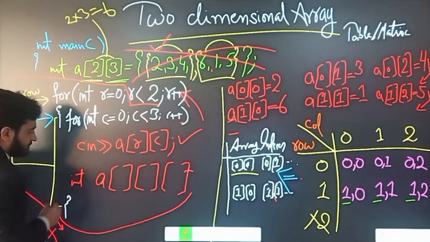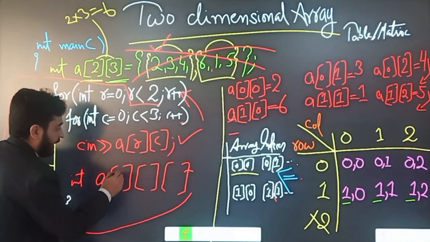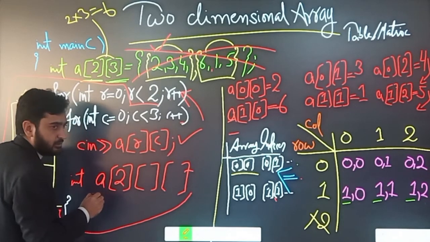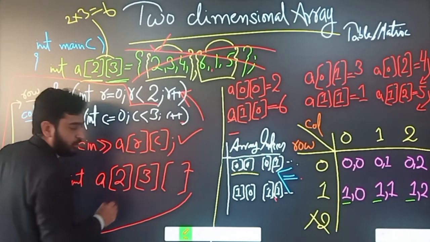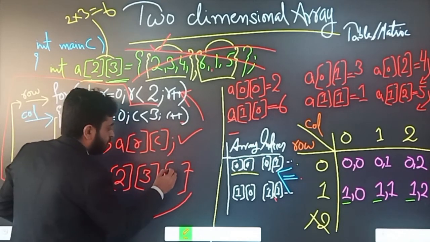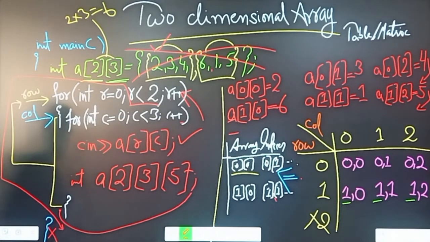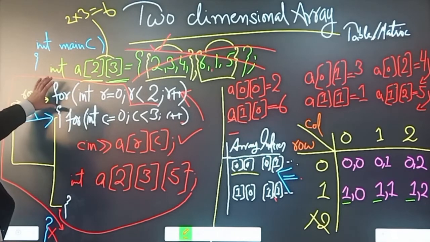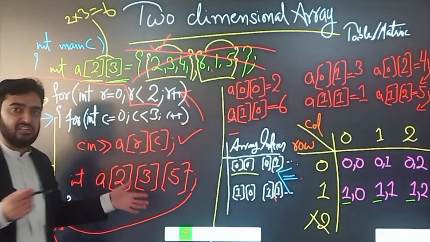For example, this is a 3-dimension array with name A having 2 arrays, and in each array we have 3 rows, and in each row we have 5 columns. In this way we can use 3 nested loops to access or initialize the elements inside the 3-dimension array.